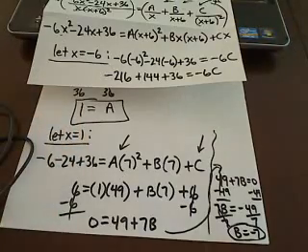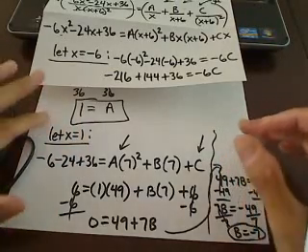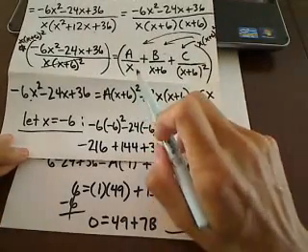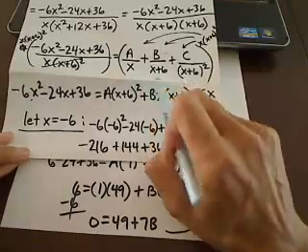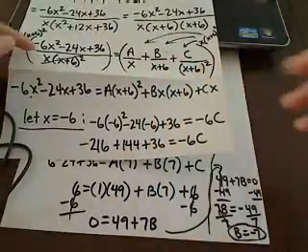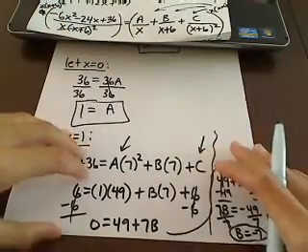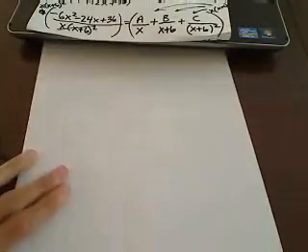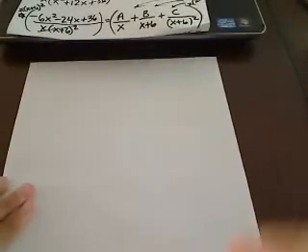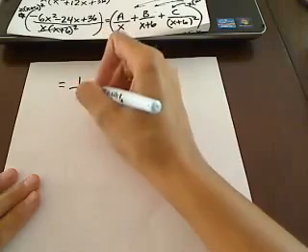Okay. Now, remember that with partial fraction decomposition, you're not done until you reassemble your fraction. So what we need to do now is take the a, b, and c that we solved for, plug it back into this fraction, and that's actually our answer. The answer that you would input into the computer, or if you were doing this on a test that you would give me on a test, would be 1 over x.